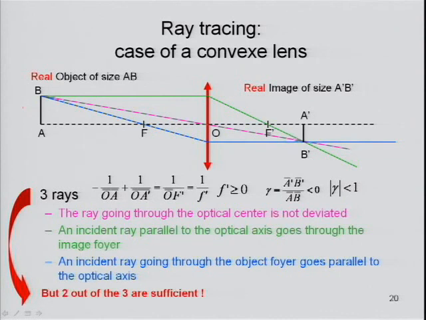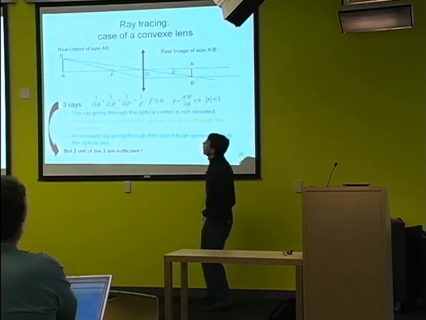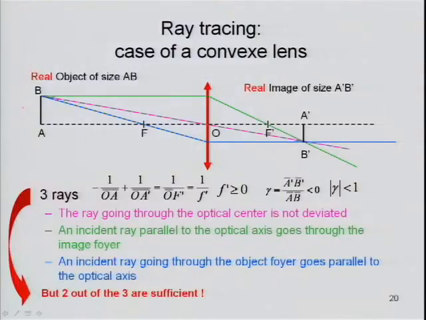So let's always start from the definition, do the math, and realize if it's bigger, positive, negative, bigger than 1, smaller than 1. I've just added this to show what's happening in this particular case. But always start from the definition of magnification and the formula to compute the position of the image.